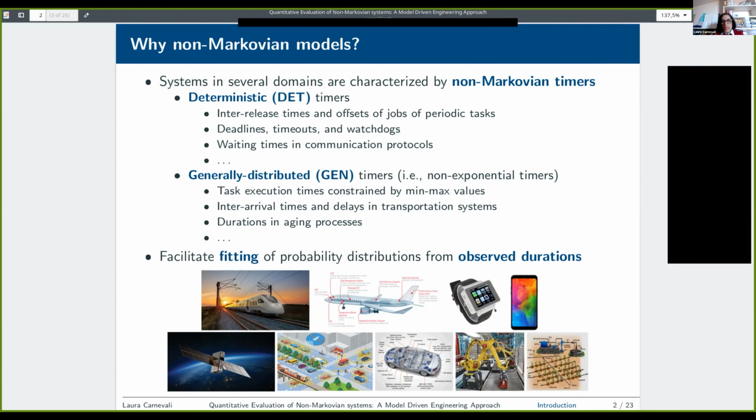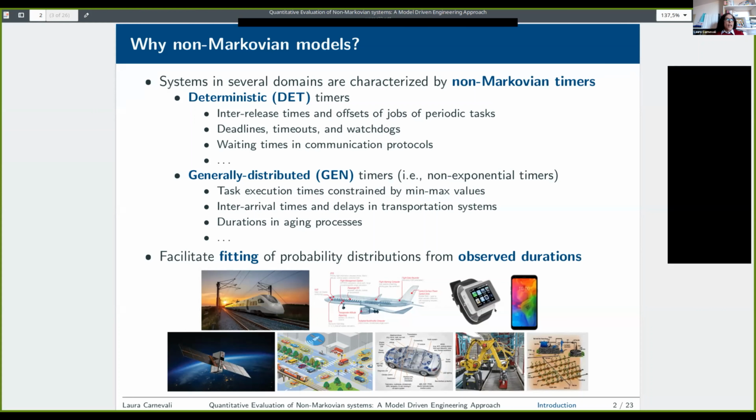But there are many other examples in various other contexts of embedded and cyber-physical systems. So for instance, inter-arrival times and delays in transportation systems typically do not follow an exponential memory-less distribution, and typically they have a bounded support.